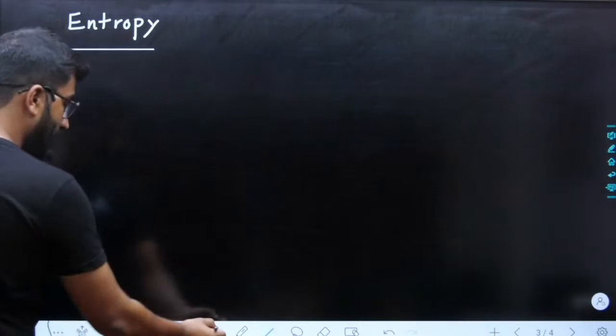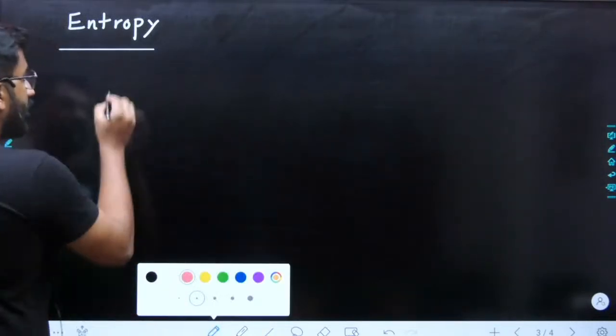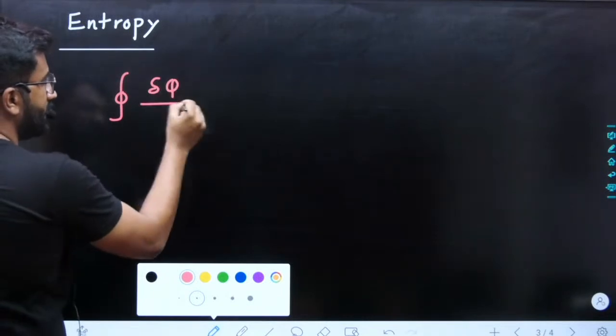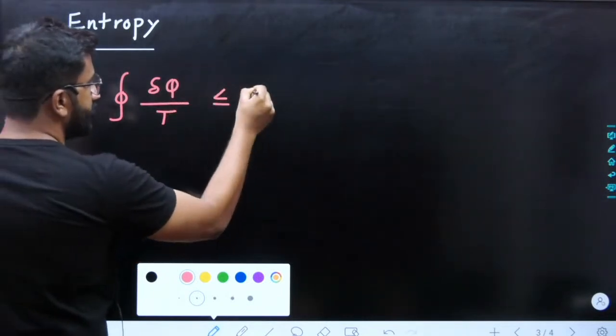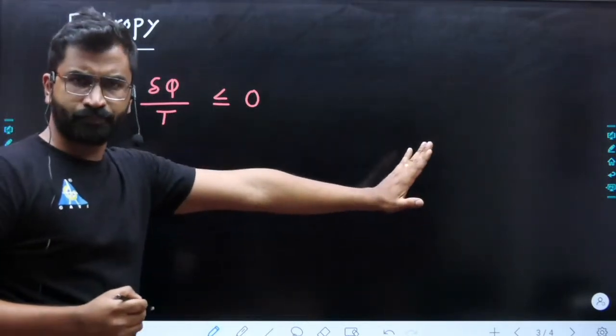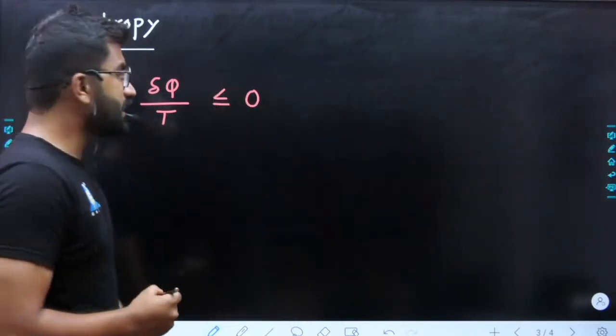Before that, what is entropy? Entropy is derived from your Clausius inequality. Clausius inequality is cyclic integral of del Q by T less than or equal to 0. This is valid for all cycles.